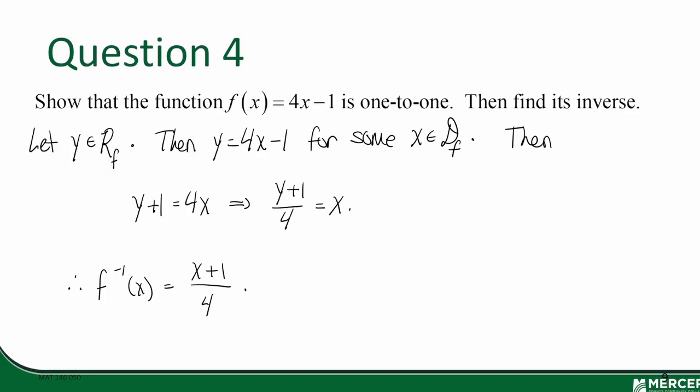By the way, it shouldn't be difficult to prove that if f of g equals x, then g of f is also going to automatically equal x. So when you're trying to verify that you have the right inverse, you just have to do one order. Just do f of f inverse or f inverse of f, just do one of them. If you get x on one of them, you're guaranteed to get x for both, so you're done.